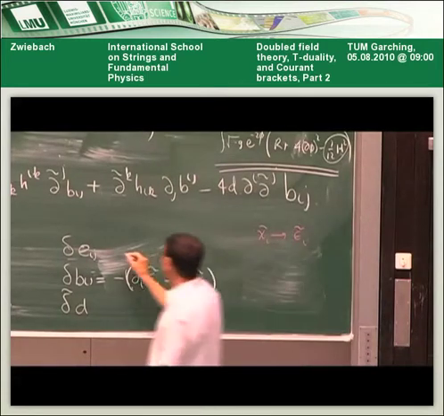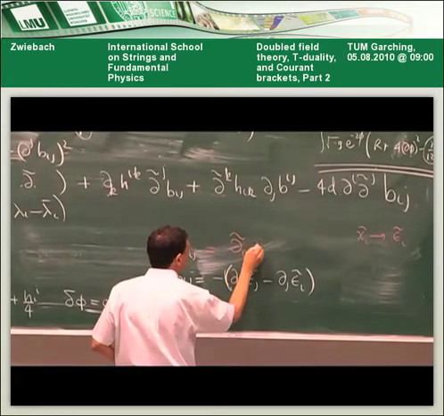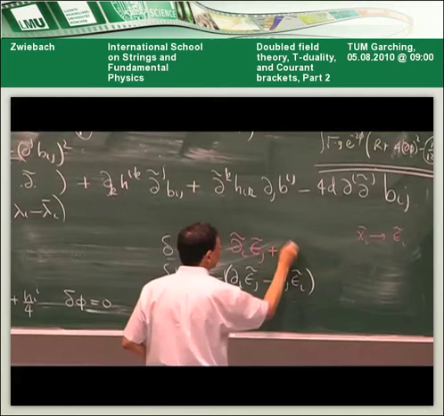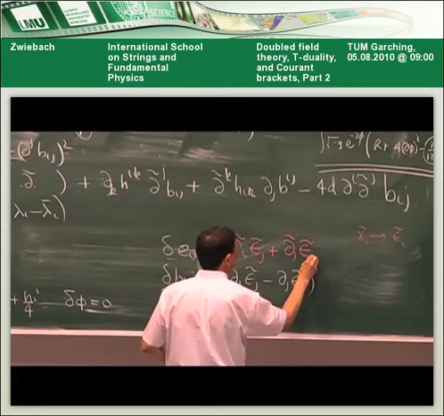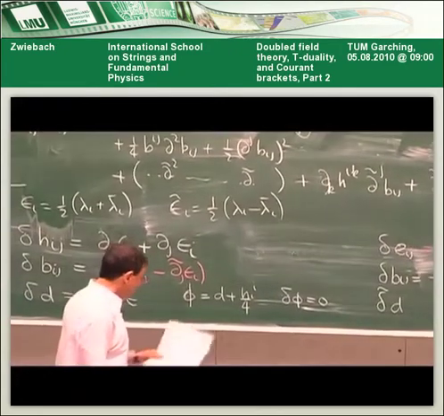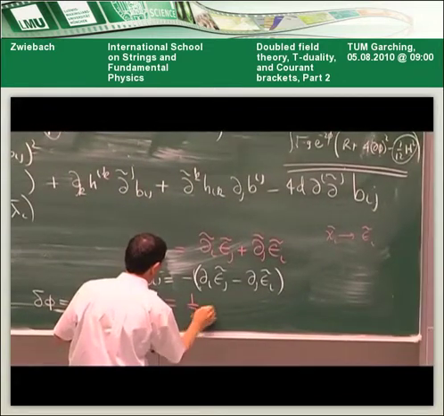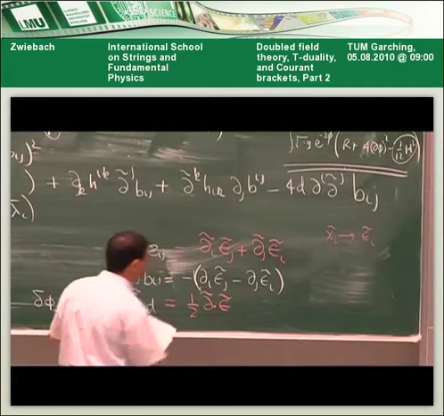So actually, this generates a diffeomorphism using the tilde derivatives. And here, you get 1/2 d tilde E tilde.